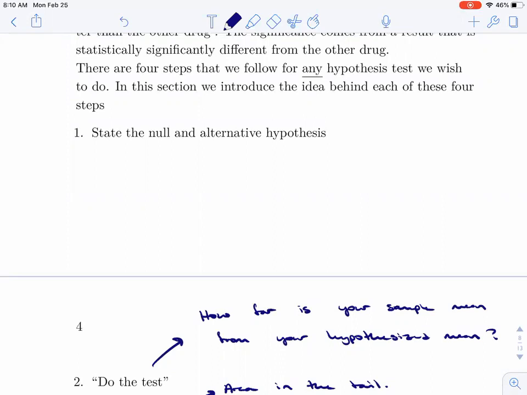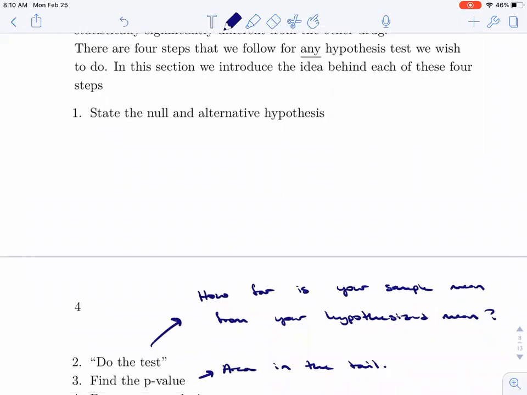Will it, won't it? But you have to say, if that's not true, then it won't turn into gas, or if it's true, then it will turn into gas. Same type of situation. So you state your null and alternative hypothesis, and then you do the test.